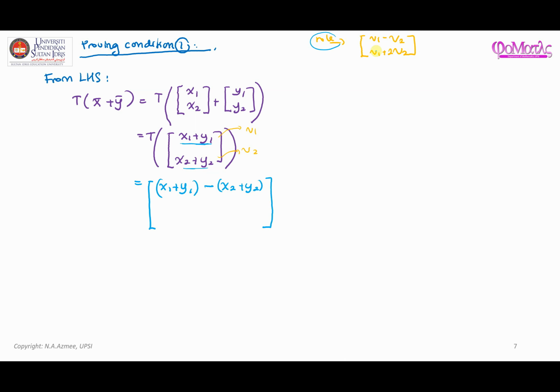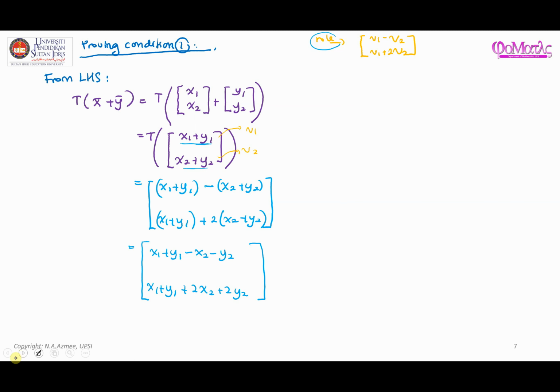So this is what's going on here. And then for this part, V1, which is x1 plus y1, plus 2 V2, which is x2 plus y2. And try to expand the whole expression here. So you will have x1 plus y1 minus x2 minus y2, x1 plus y1 plus 2x2 plus 2y2.